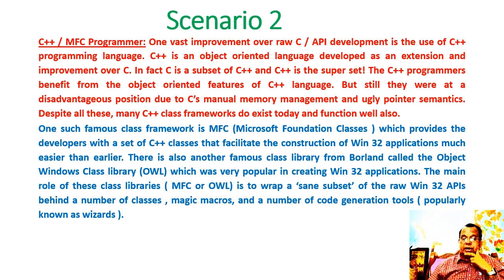The main role of these class libraries, that is MFC or OWL, is to wrap a sane subset of the raw Win32 APIs behind a number of classes, magic macros, and a number of code generation tools, popularly known as wizards.